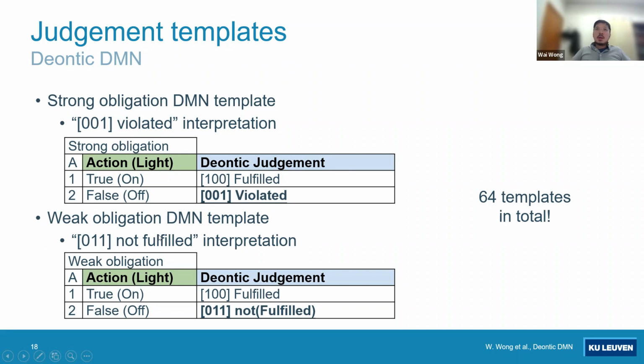Normally when representing business rules, we want to fit what the people writing the rule have in mind. So I was suggesting that by providing different templates, the people writing the rules will realize more clearly what their judgment is regarding certain actions, so as to avoid ambiguity between the different types of obligation.